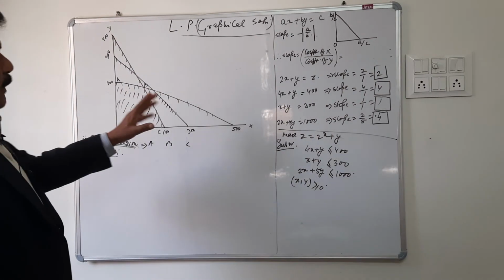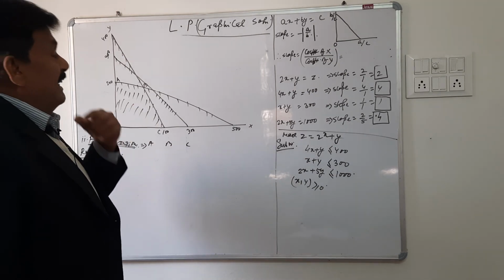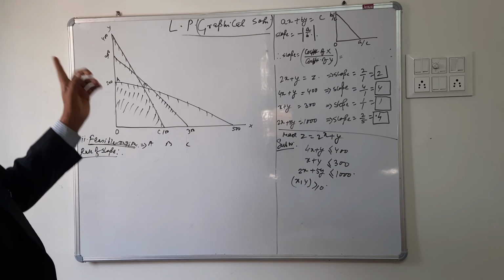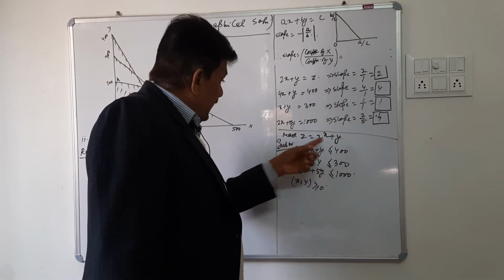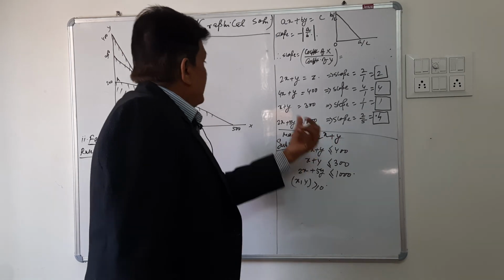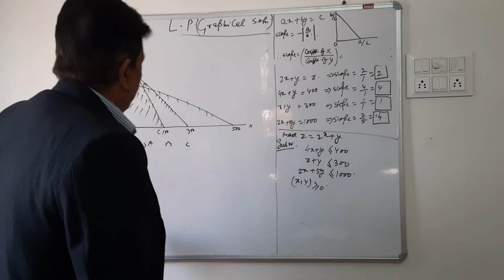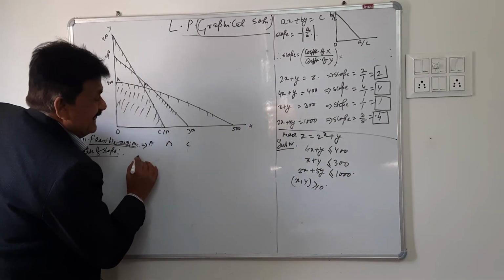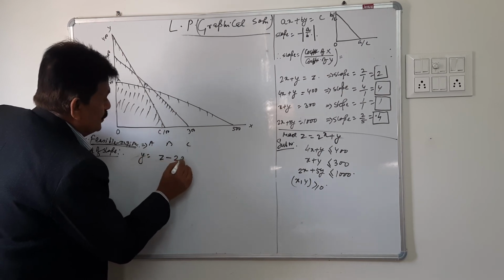Now we have plotted all the constraints, and we are supposed to maximize the profit. Nowhere does profit appear in this diagram. This is the profit function. This profit function is plotted on a graph not in this form; rather it is written as y = z - 2x.